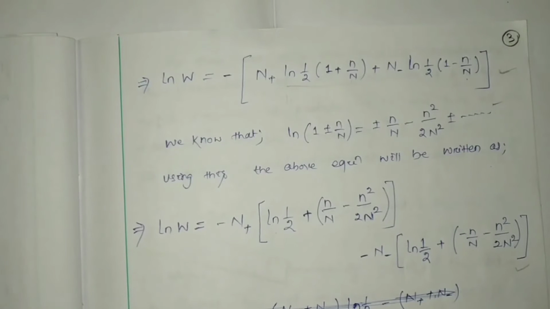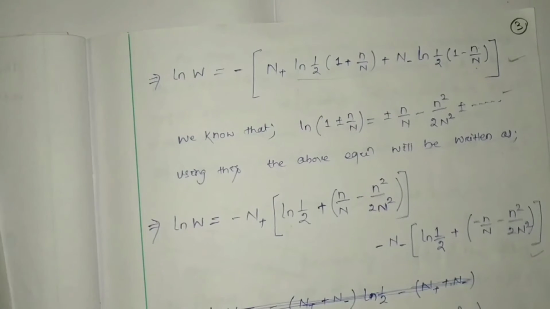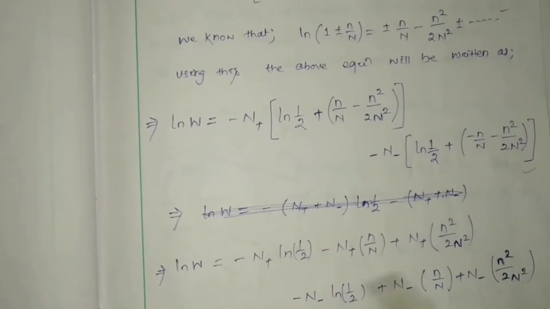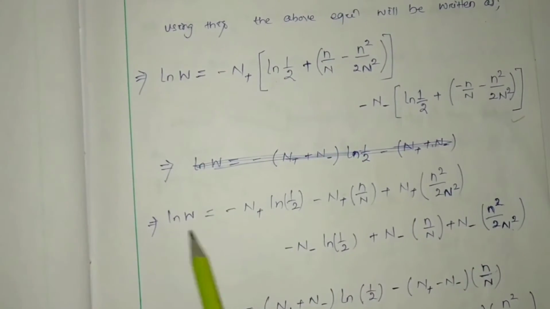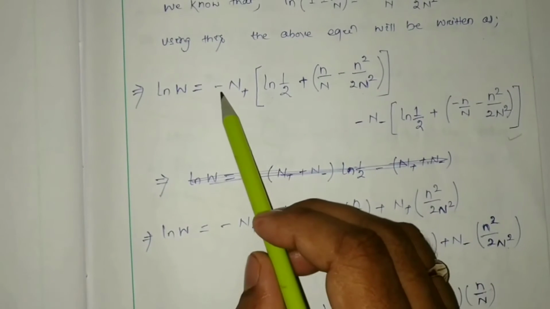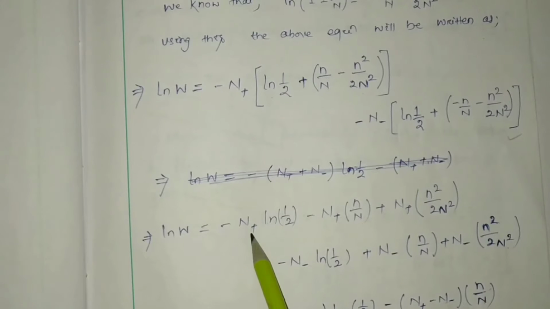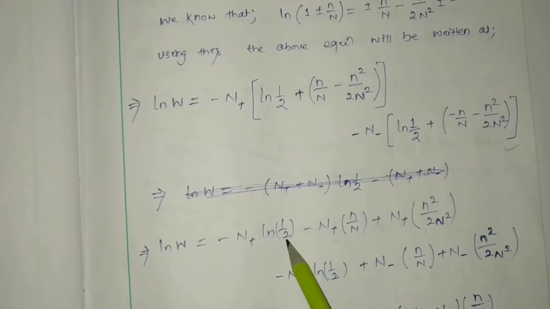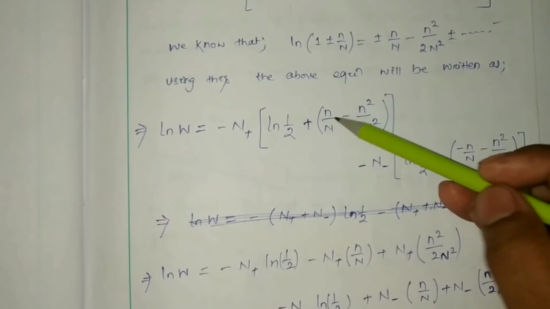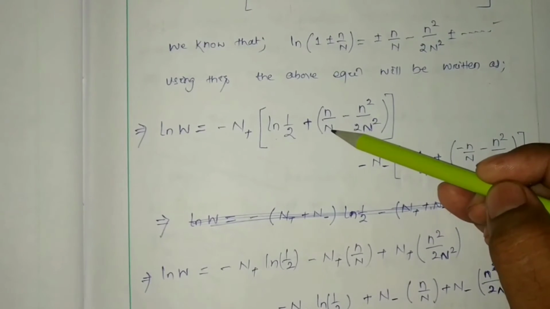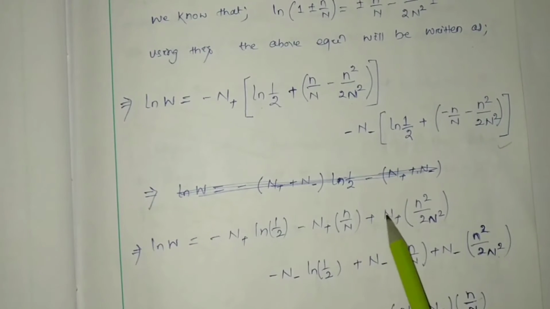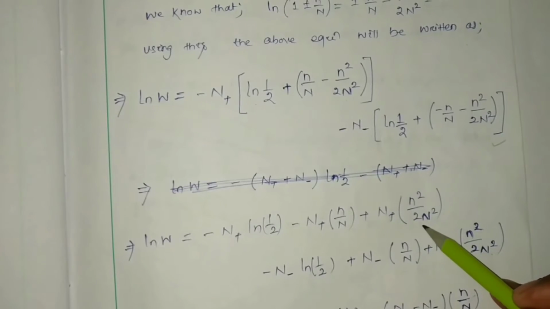Okay, now that implies, we are doing the simplification, ln W will be equal to minus n plus into ln half minus n plus into small n by capital N plus n plus small n square by 2 capital N square.